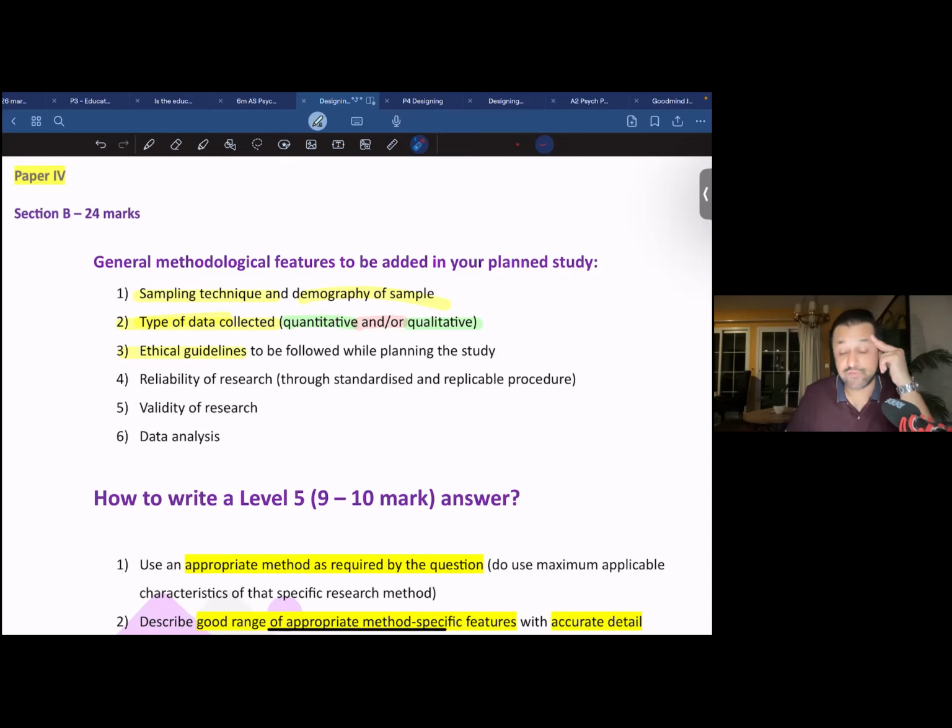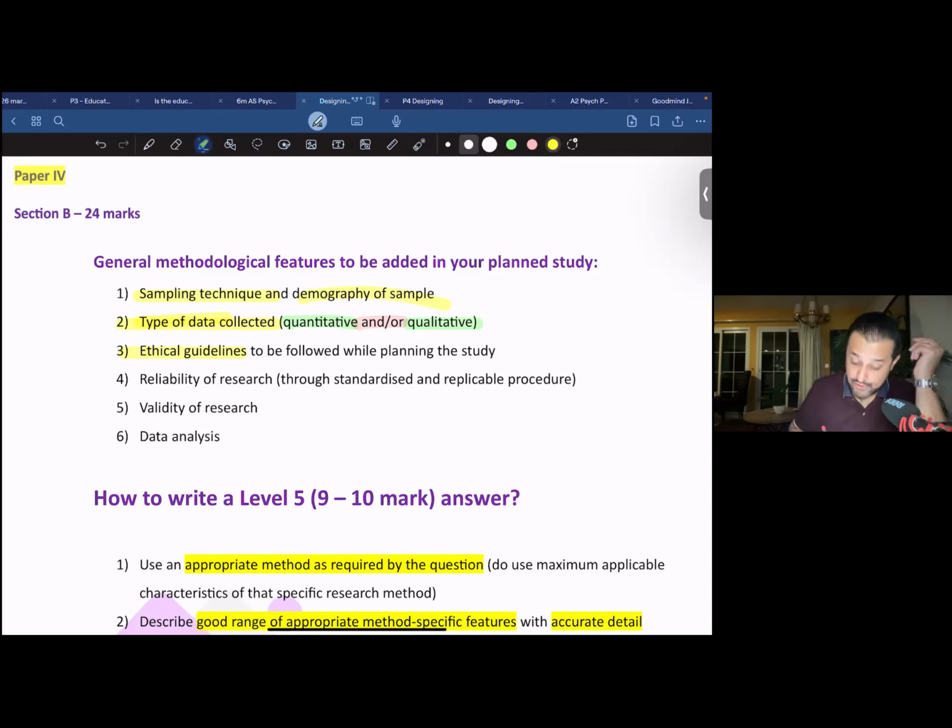If you have to deceive them, make sure you are debriefing them towards the end. Do not invade privacy, maintain confidentiality, do not disclose personal information about the participants, leave no trace for anyone to be able to identify the participants that you used in your study, and so on and so forth.